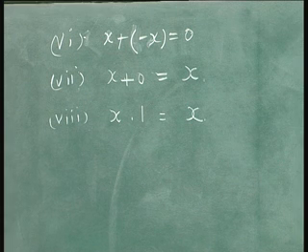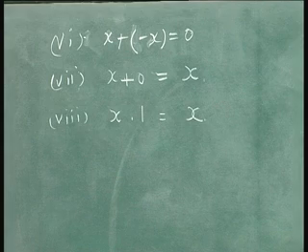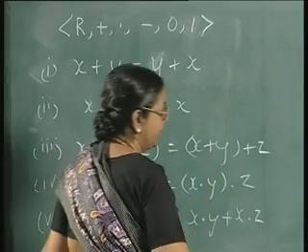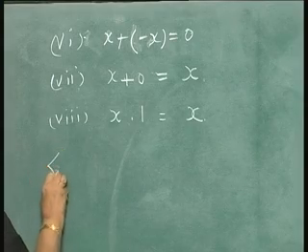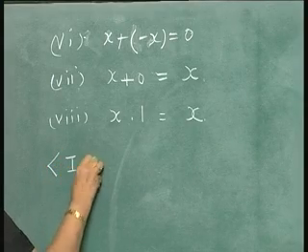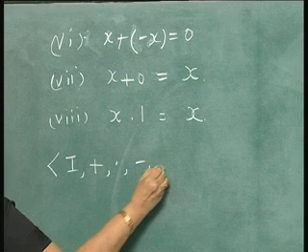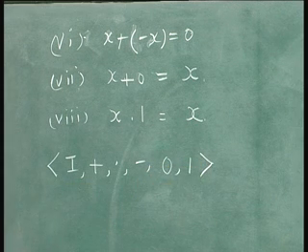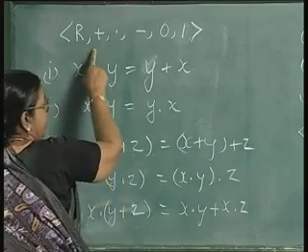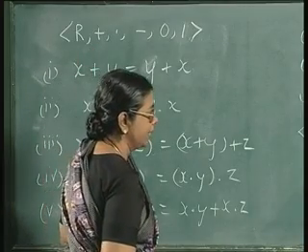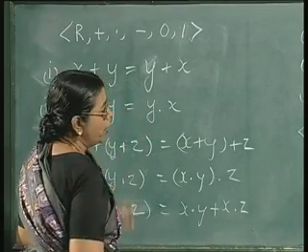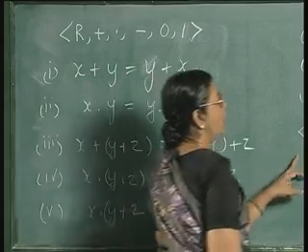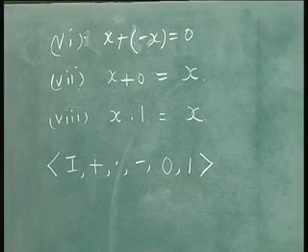We shall learn more about identity elements in a formal manner in a moment. Now, this algebra obeys these 8 axioms, and if you consider the set of integers with the same operations and the same constants, it has the same signature, and one by one you can verify, and this will also obey all the 8 axioms.